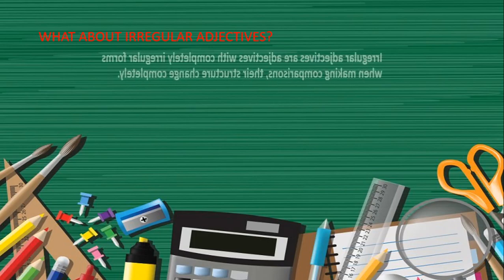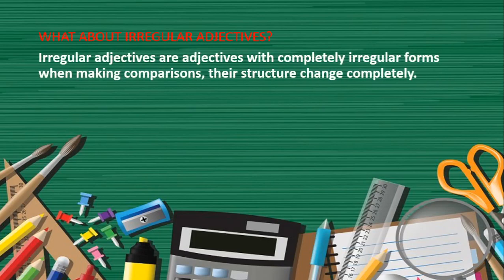But what about the irregular adjectives? We talked about the regular ones, but what about the irregular adjectives? As their name refers, irregular adjectives are adjectives with completely irregular forms.